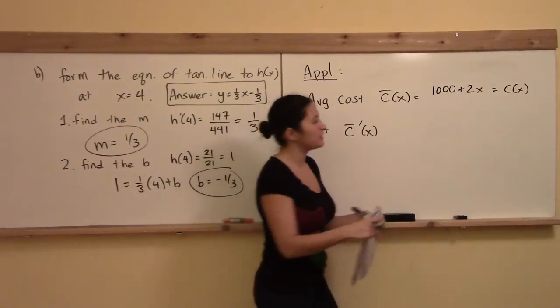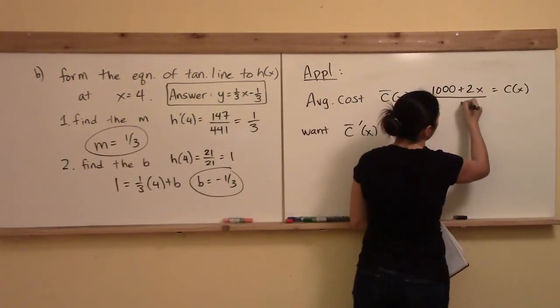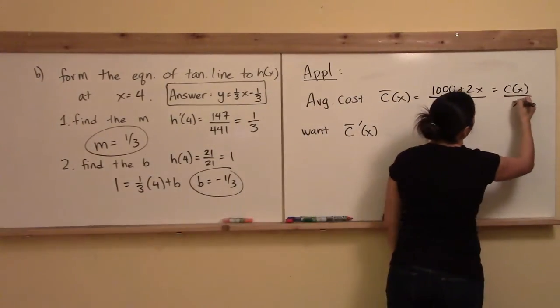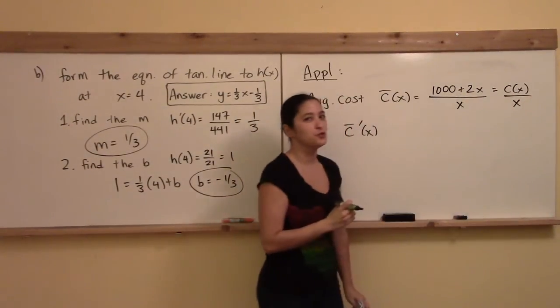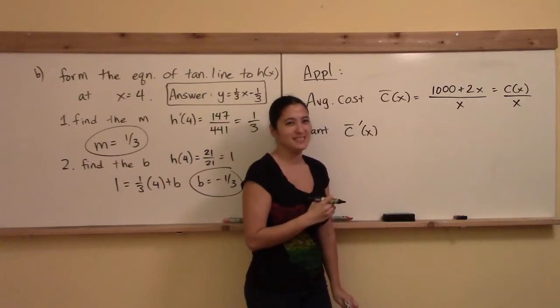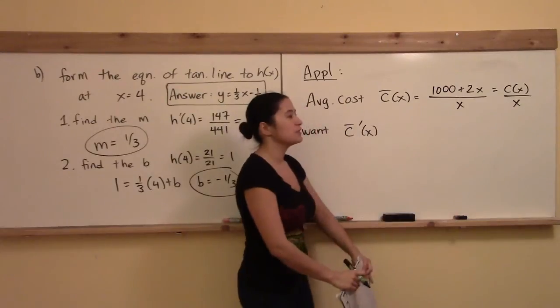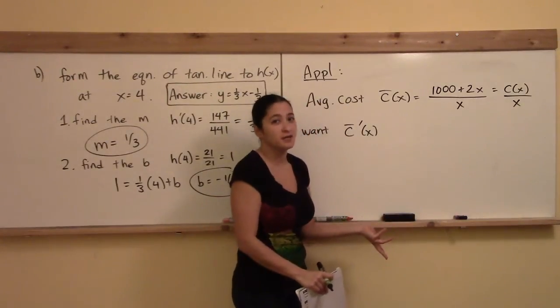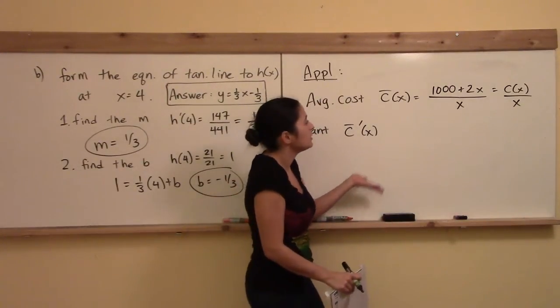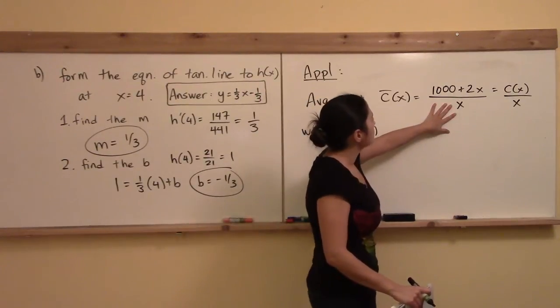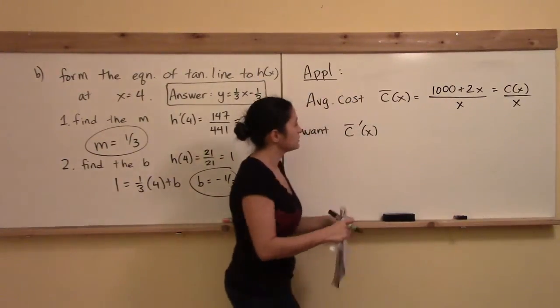So if you have a production level of one item and you only made one item this month, that means that it cost you $1,002 per item. That doesn't sound that good, because you know that as you make more and more stuff, really it should be around $2 an item. That should be like your average cost, right? So let's form the average cost function here and see what it actually is.